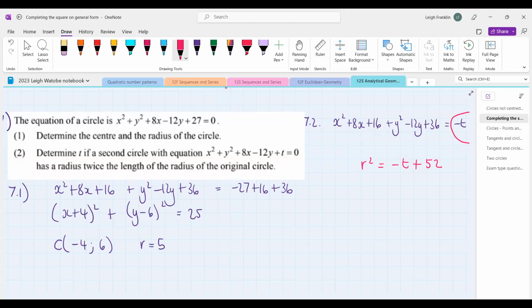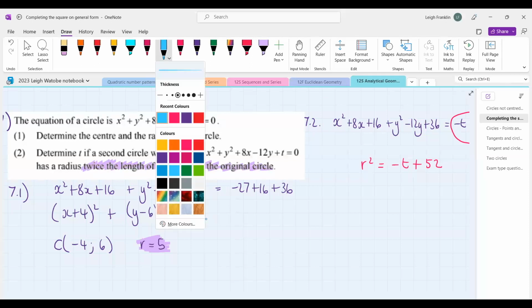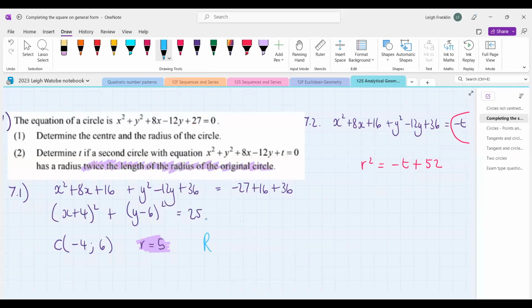So the circle that we are talking about has a radius twice the length of the original radius. Remember it says here, twice the length of the original radius. The original radius is 5. So the new radius, let's call it capital R, is going to be 2 times 5, which is 10.